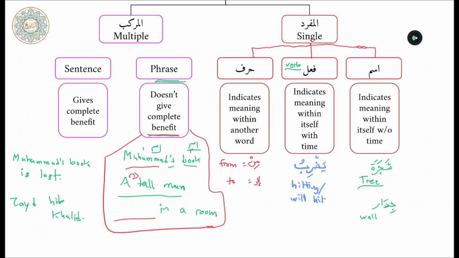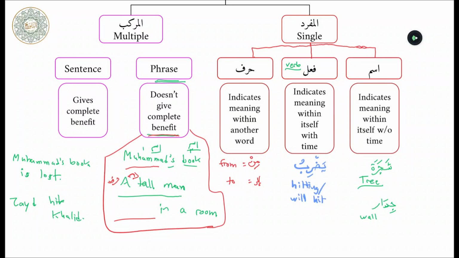It doesn't have to be a specific tall man. So, A is indicating, you could say generality, you can say ambiguity in another word. Right? We'll say it's indicating generality in another word. So because it's indicating a meaning within another word, we understand right away that A over here is a harf. A is a harf.